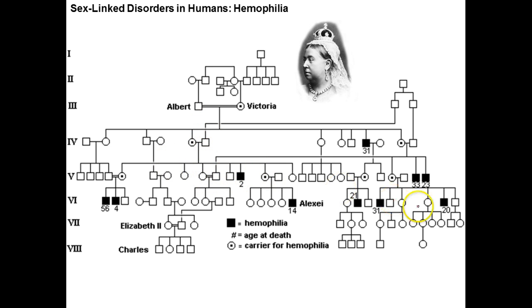And what you can see overall in this pedigree is that mostly those affected are male. So notice you see more of those squares affected. Now the female can only get hemophilia if the male has it and if the female is a carrier. You don't see many females having it because if the fathers have hemophilia, usually they don't live long enough to be a father.